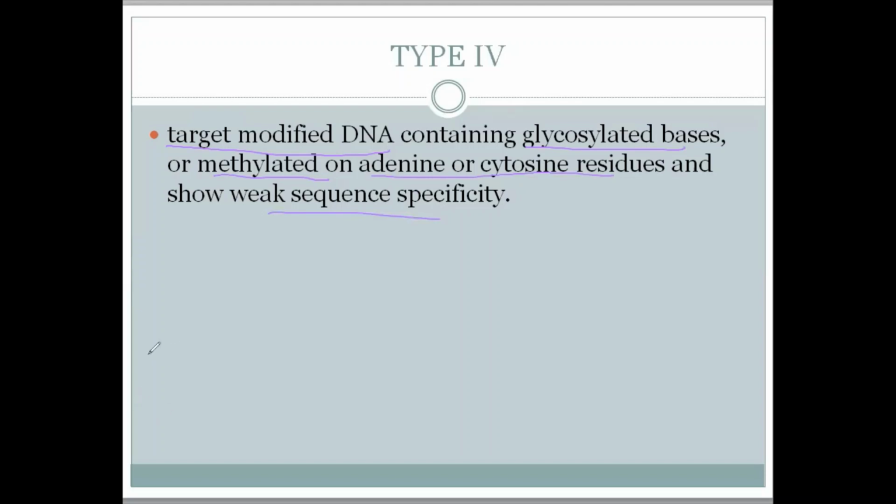The DNA cleavage is stimulated by S-adenosyl methionine, and it does not depend on ATP. So this is the cofactor, and it does not depend on ATP. This is all about type 4. Type 4 is newly known and it's a very short topic, so we don't have much information about type 4 as of now.